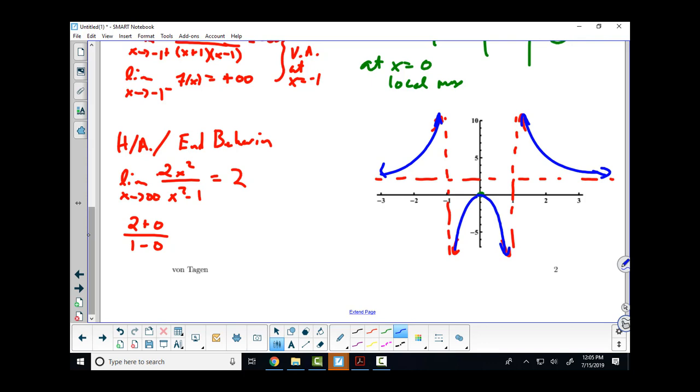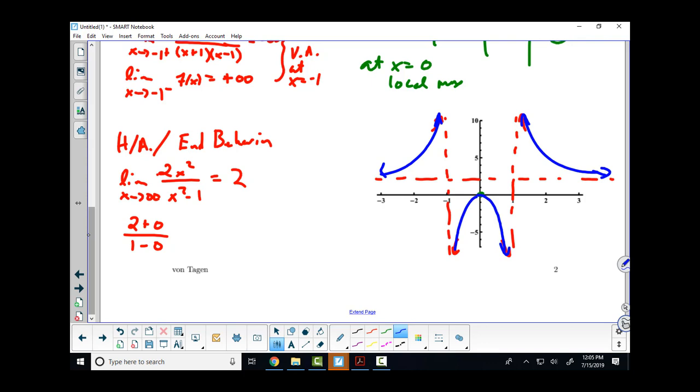They have to be where it's defined. It's got to be where the original function was defined, actually where even f prime was defined. So, one way to say it is the critical numbers of f and f prime give you potential locations for local maxes and mins and inflection points.